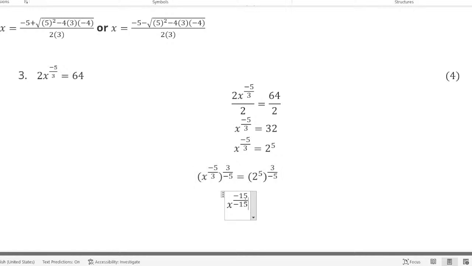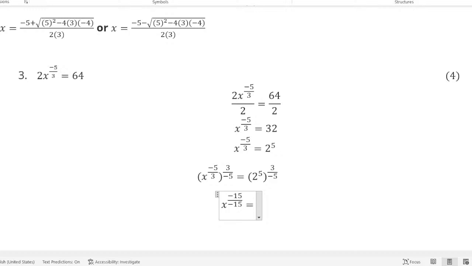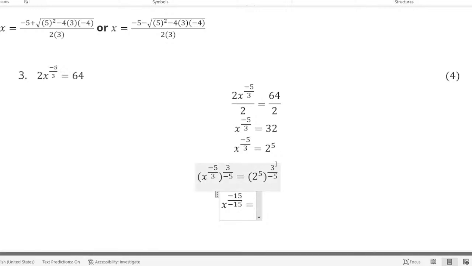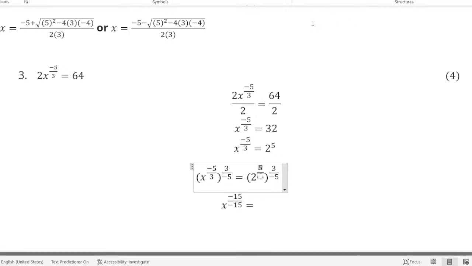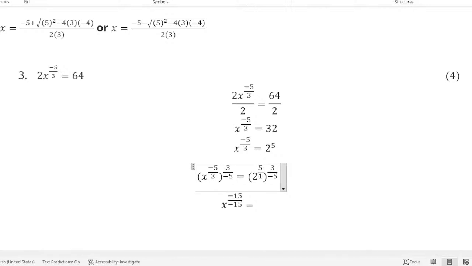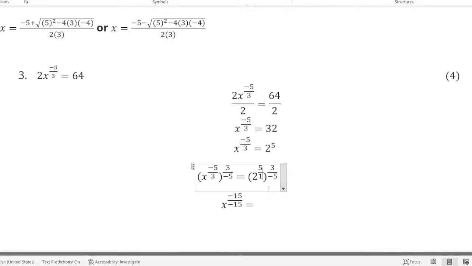So is equals to, remember any number is over 1. So here let's just change it to, I want you to understand, 5 over 1. Perfect.